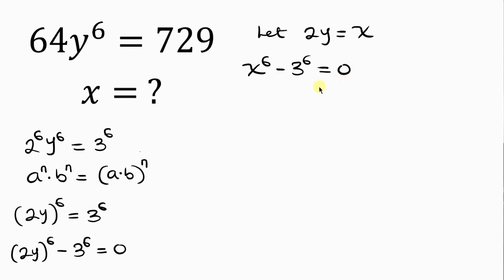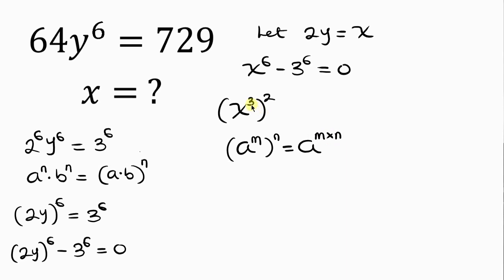Our next step will be for us to write this expression in the form of difference of two squares. That means this x to the 6 can be written as x to the 3 now raised to power 2. Because from indices, when I have a base a to the m, and this is raised to the n, the law of indices says take the base, which is a, and multiply the powers, so m times n.